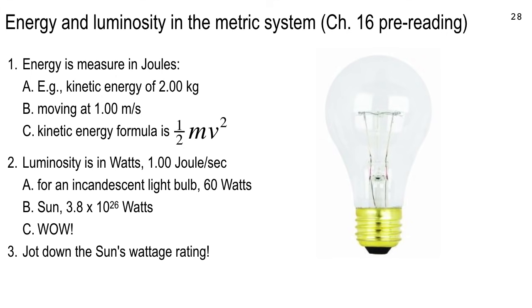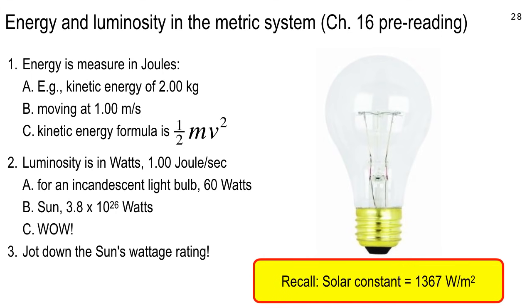Let me invite you to recall that the solar constant for our planet is about 1,367 watts per square meter above the atmosphere of the Earth. If you're on the day side of the Earth and you take a 1 square meter window, there's about 1,367 watts of solar energy hitting that window. If you could convert it 100% to electricity, you could run a hair dryer.